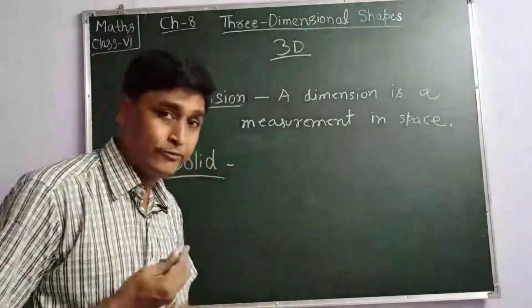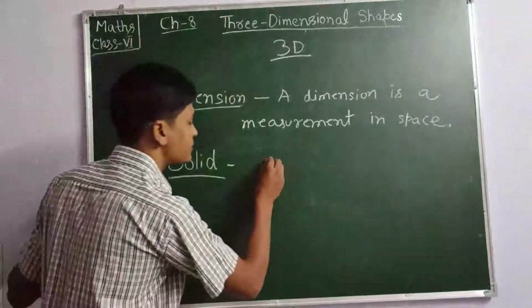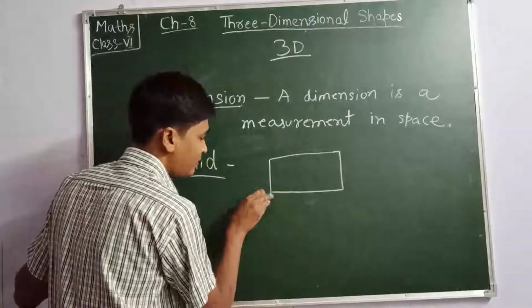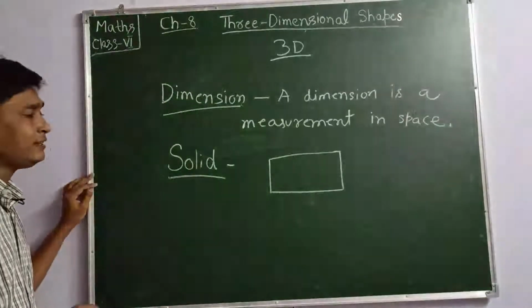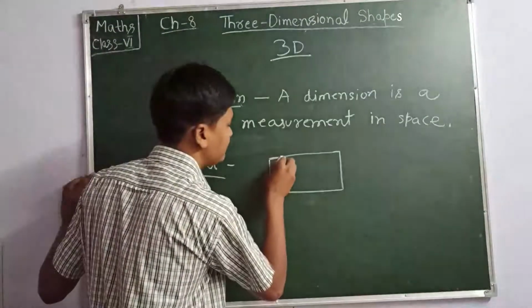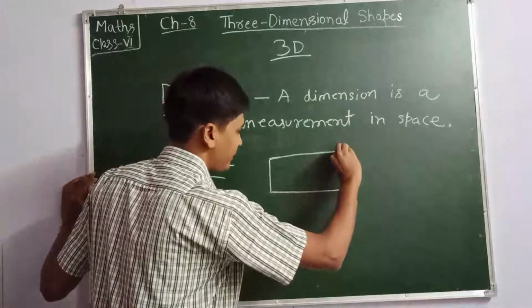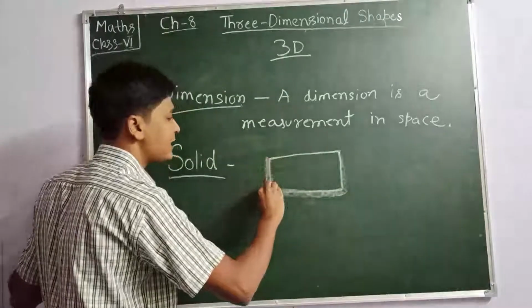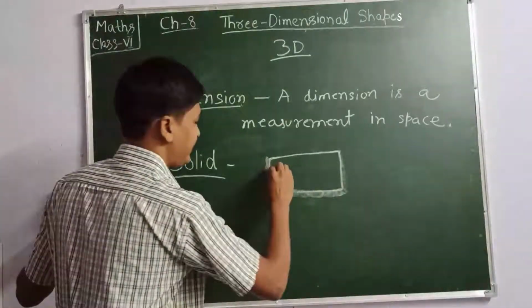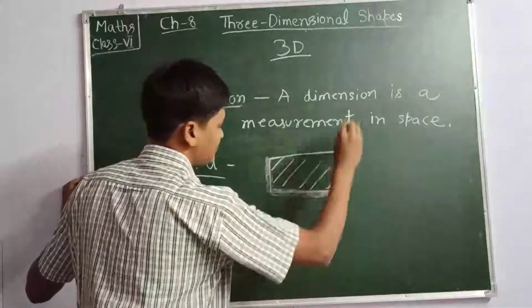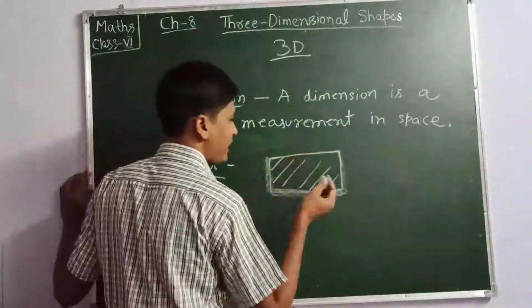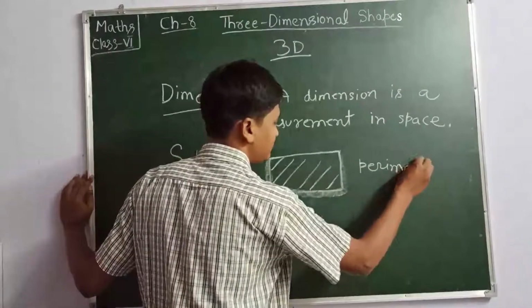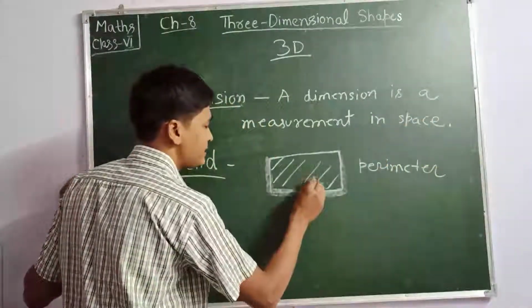A closed plane figure has two things. One is perimeter, and the second thing is area.